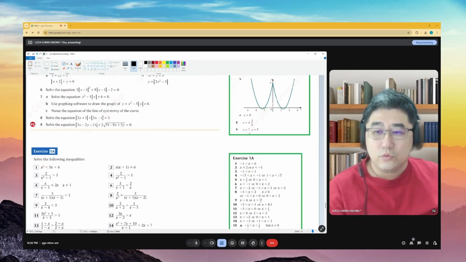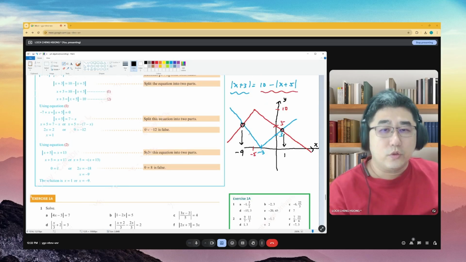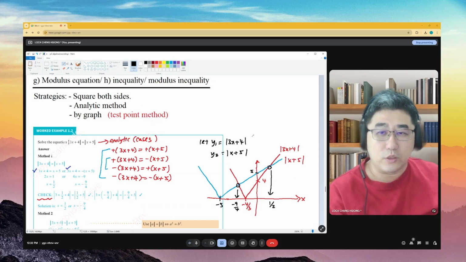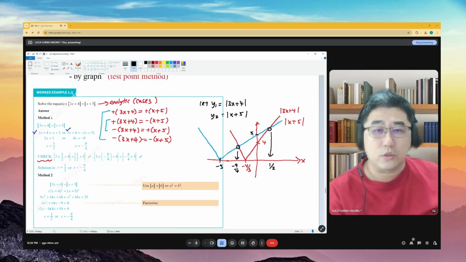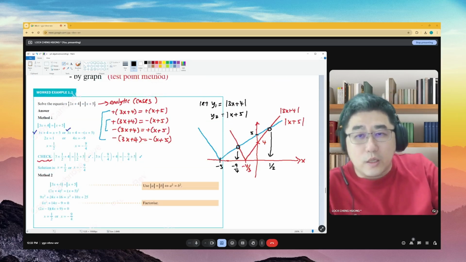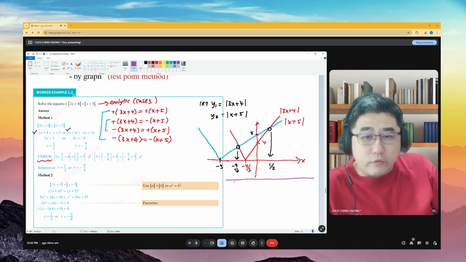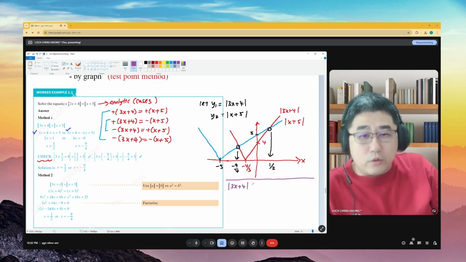So the extension for these two questions, we can actually extend it into inequality. Let's say I have an inequality question: modulus of 3x plus 4 greater than x plus 5.